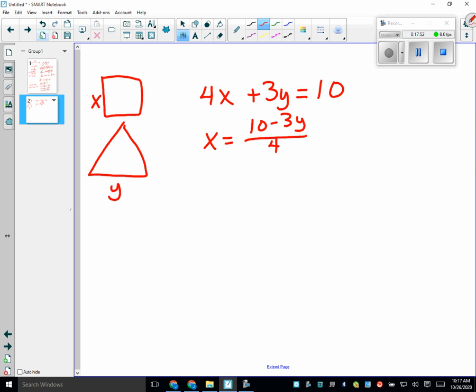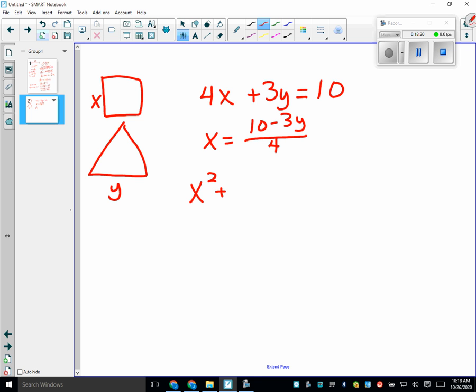How do I find the area of a square? Okay, so to find my area, it is x squared. Now, how do I find the area of my triangle? Do we have a base or a height?